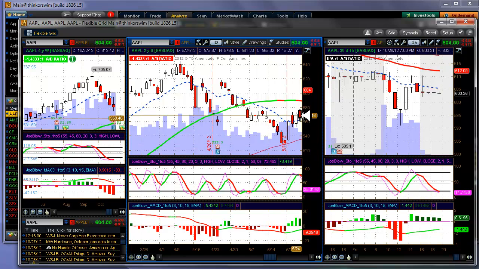So what I would probably do is seriously consider getting out on this day, because even though none of this stuff is final until the end of the day, these indicators move around depending on what's happening to the actual price of the stock during the day.